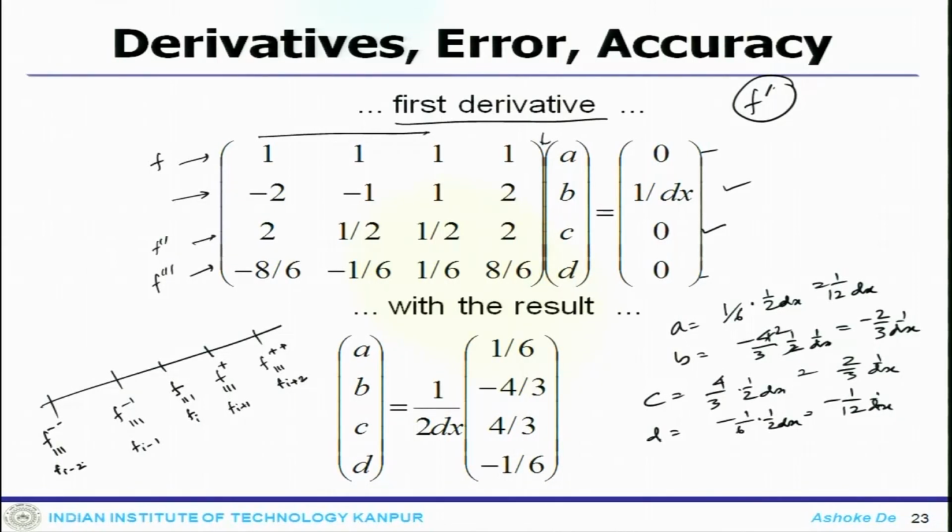And if you look at it, the weights which are multiplied are uniformly distributed.